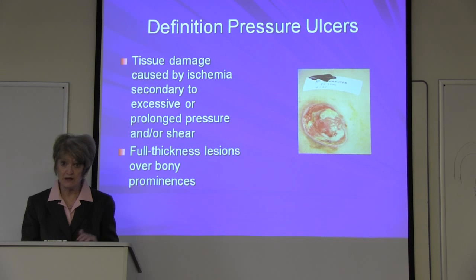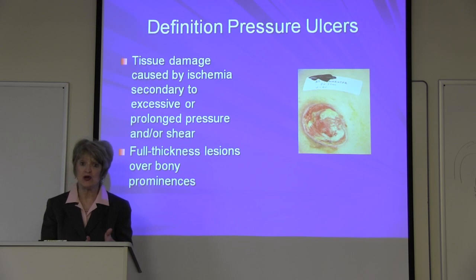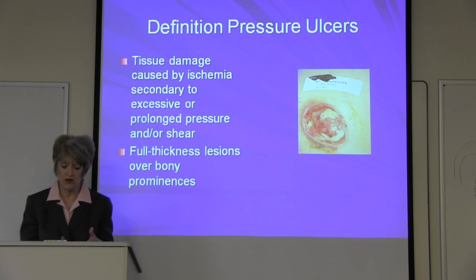So very common to see slough or eschar, or purple discoloration of the tissue under intact skin, which you see with suspected deep tissue injury, suggests ischemic pathology. Also, it's very common to see undermining and tunneling. And that's because many times you have shear force as well as pressure.